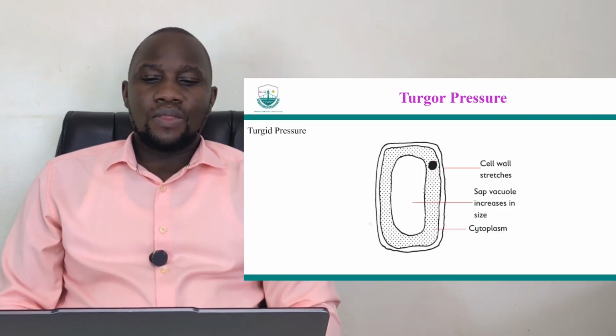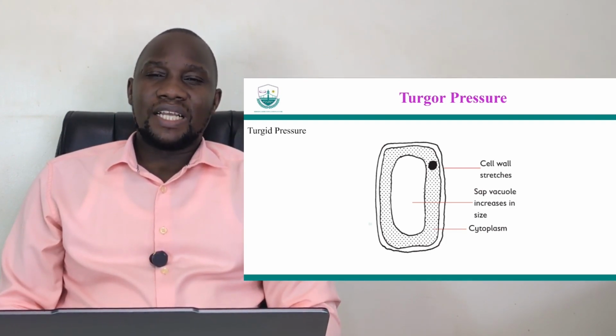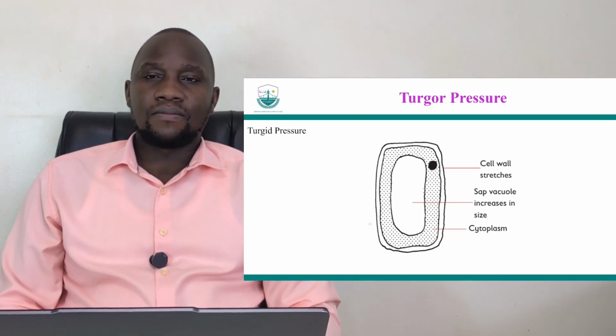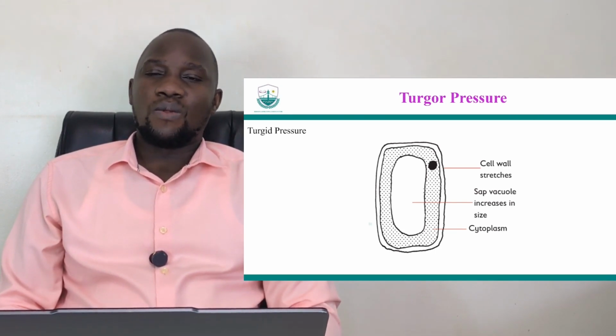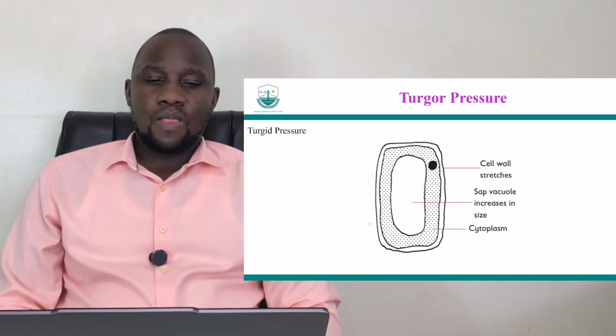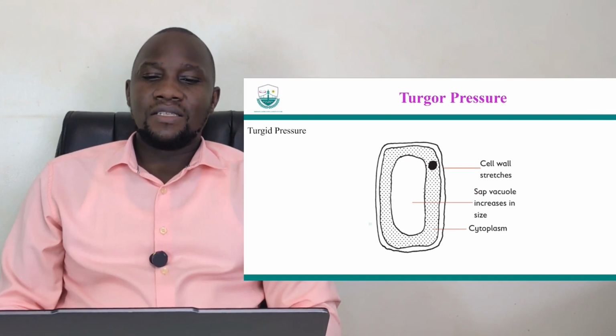The sap vacuole will increase in size because it has taken in more water, and then that vacuole will exert a pressure on the cytoplasm, and that pressure is the same pressure that you find on the cell wall. So that is turgor pressure.